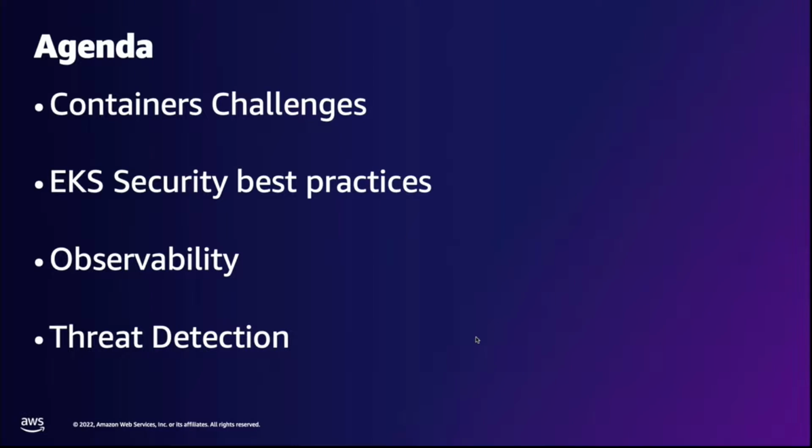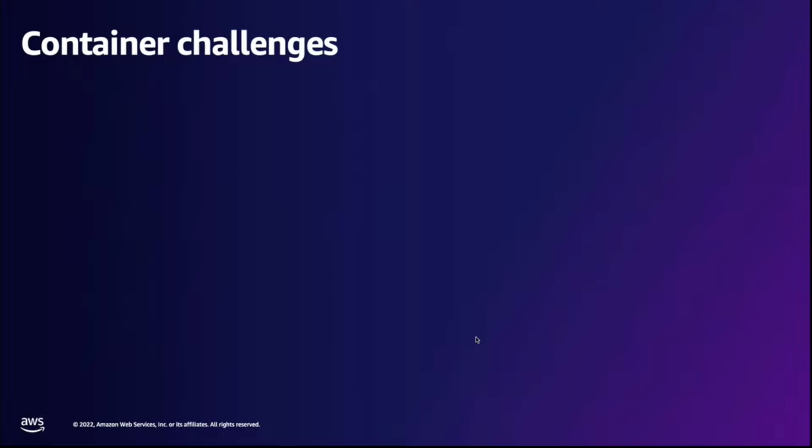Then we're going to drill down into some of the EKS security best practices, followed by some tips and tricks around observability and how we can use AWS services as well as some third-party solutions for threat detection, right? So let's go to the chase.